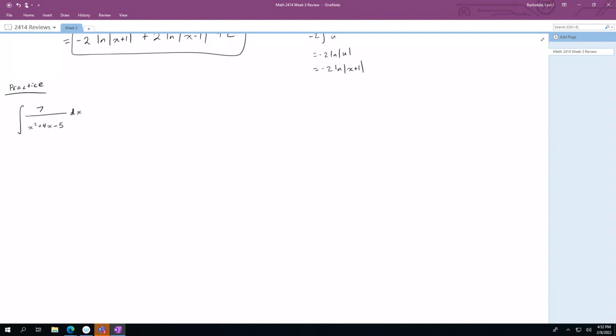Do we get fractions for anything? Okay. Yes, A and B should be fractions.